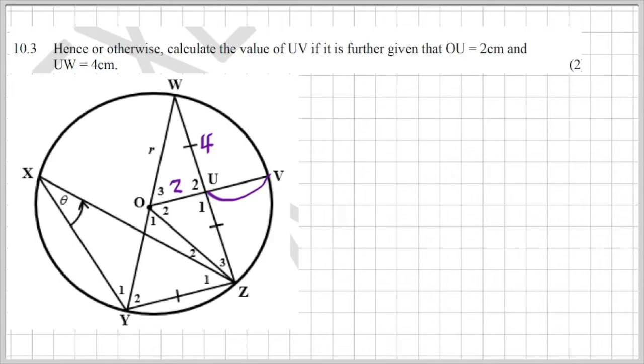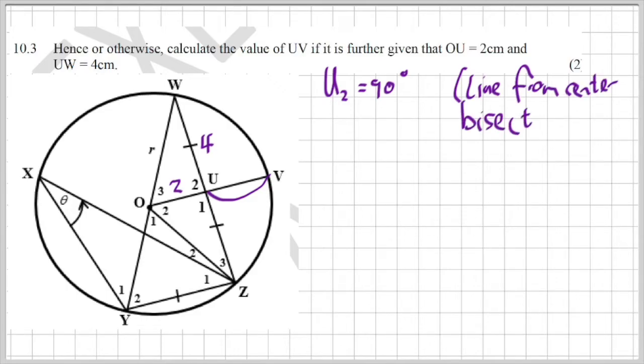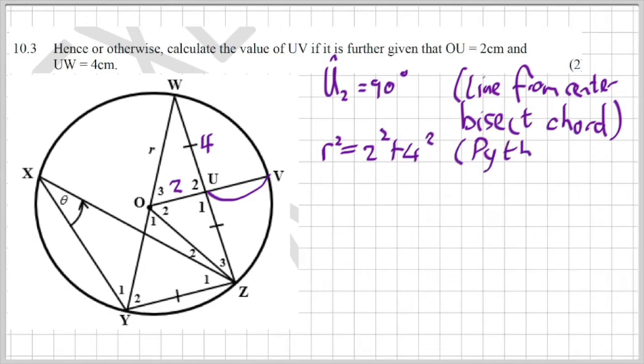So I'm going to use Pythagoras again, with U being 90 degrees, line from center bisecting the chord, and this leads me towards Pythagoras, because what I'm trying to do is calculate R, okay? So R squared is 2 squared plus 4 squared, so the answer is 20. So R is equal to the root of 20.